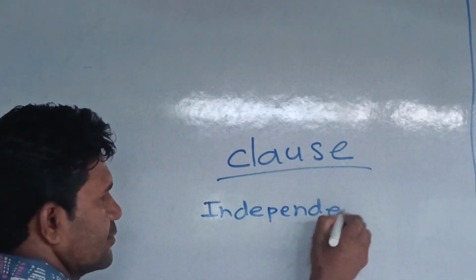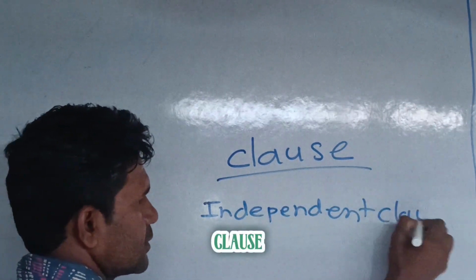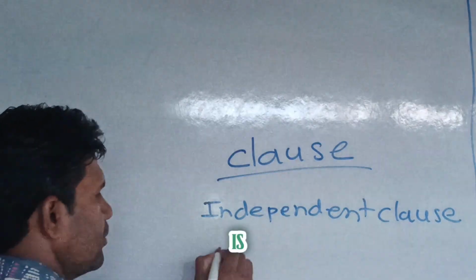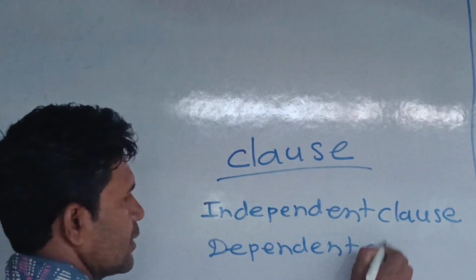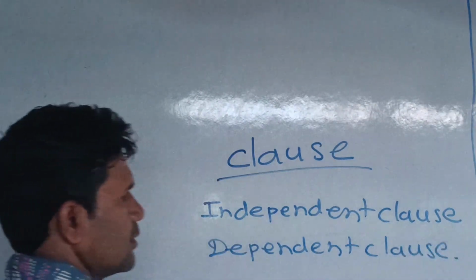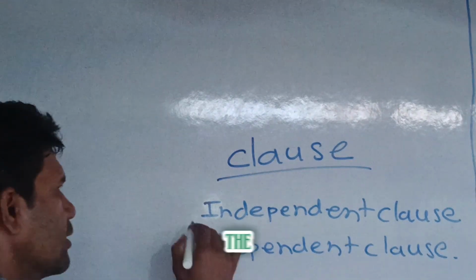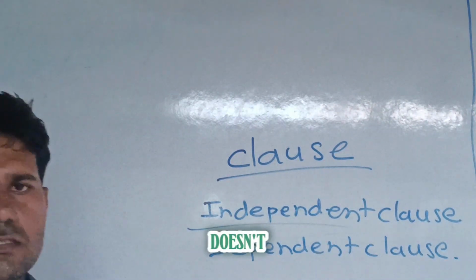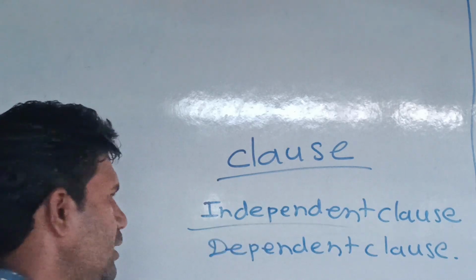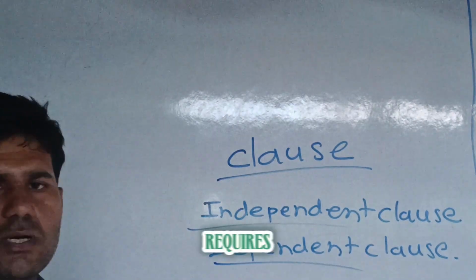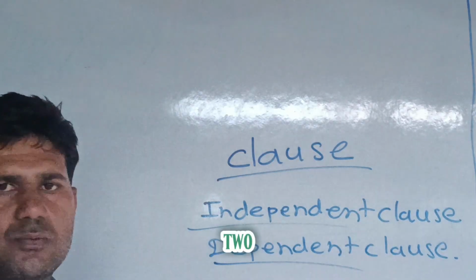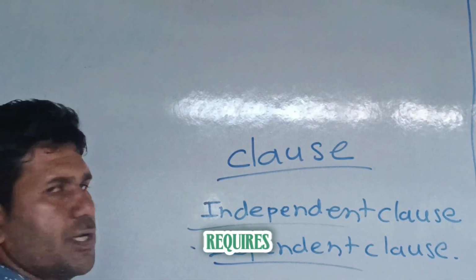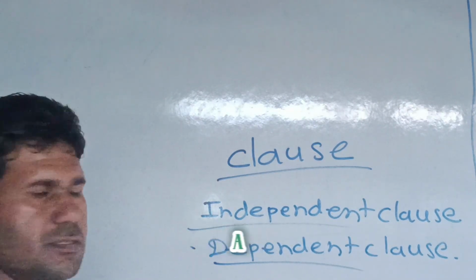Independent clause, and the other one is dependent clause. The clause that doesn't require any support, and the clause that requires support. One requires support and the other one doesn't need support.